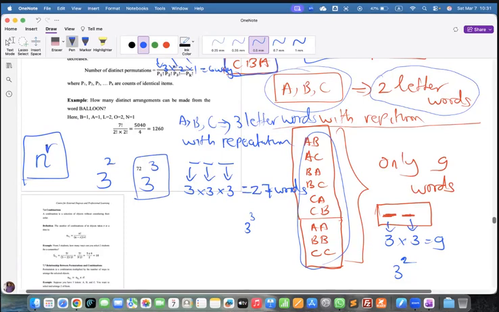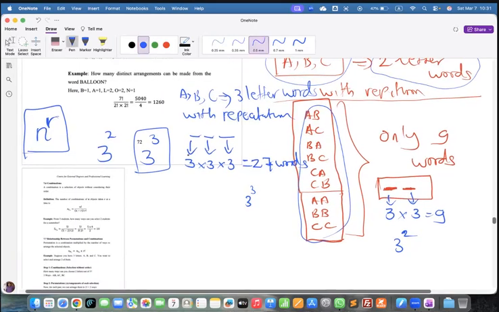So the common equation is n to the power r. From n number of objects, you make orders by utilizing r number of objects with repetition. N to the power r is the equation, right?